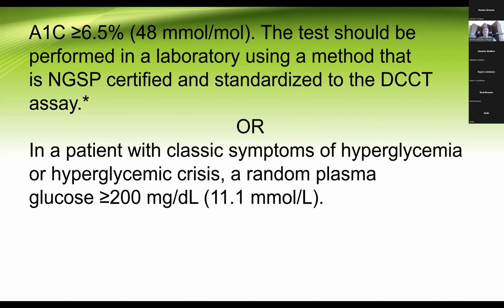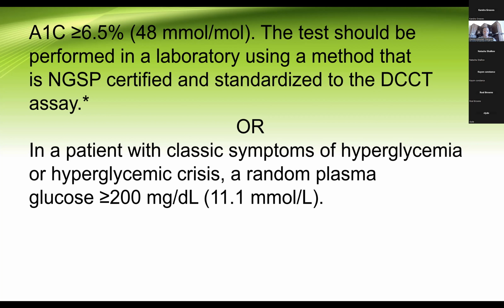We notice there are some organizations there, so you have to ensure that in your country the A1C follows these standards. If not, you need to check with your health authorities, because otherwise the reading that you have can be incorrect.